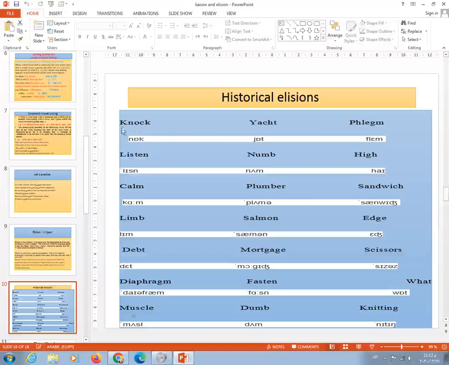In the past they used to pronounce this cluster in knock. And still in some Germanic languages they pronounce the K sequence. They didn't drop the K as in English.